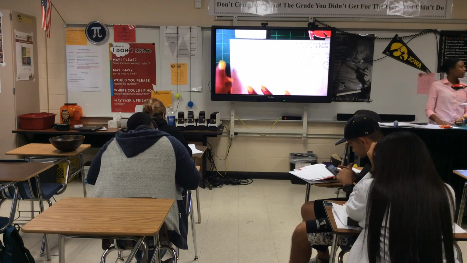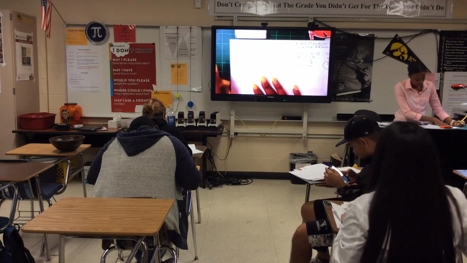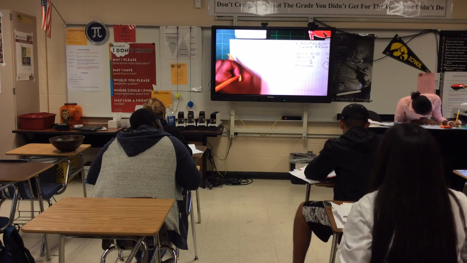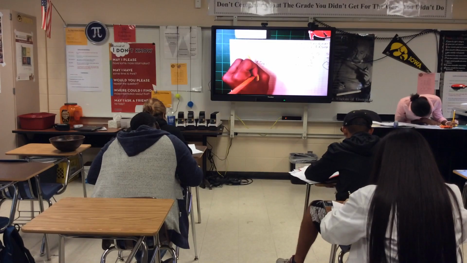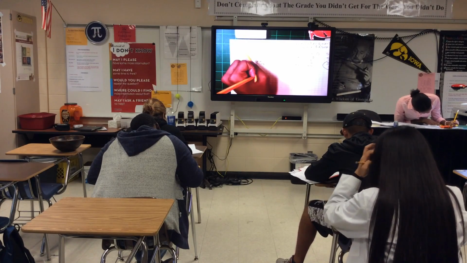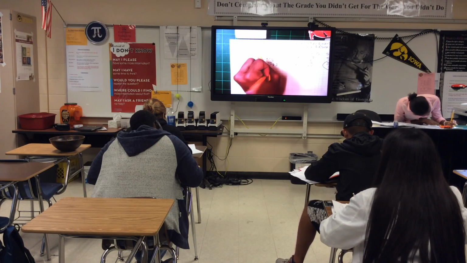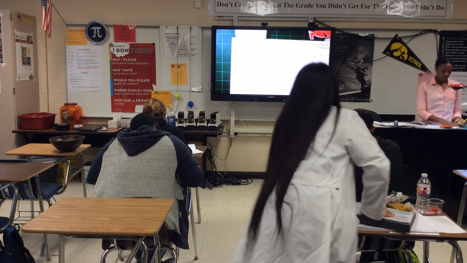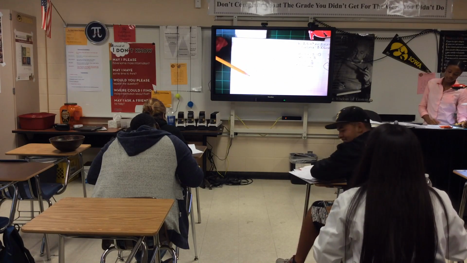What is it? Cosecant? Cosecant is 1 over the sine. Yes, this is cosecant. Okay. Just like the last one, we'll have to unfactor it.